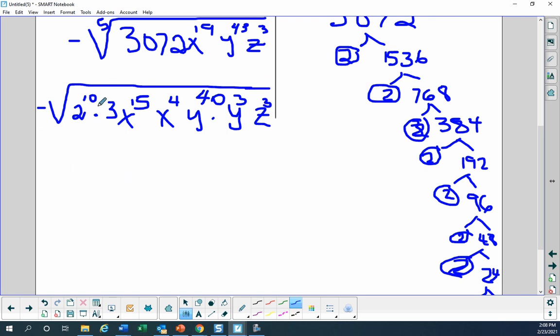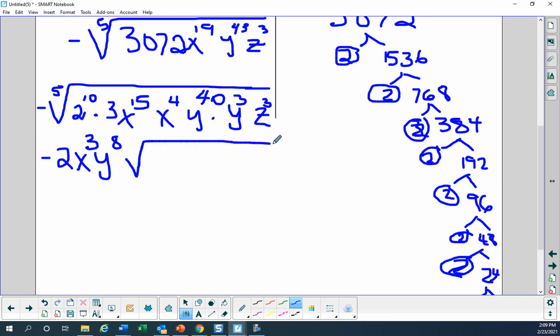All right, what can come out? All you have to do is divide the exponent by 5. 10 divided by 5 is 2. So negative 2. That 3 stays there. 15 divided by 5 is 3. X cubed. Y, 40 divided by 5 is 8. Y to the power of 8.